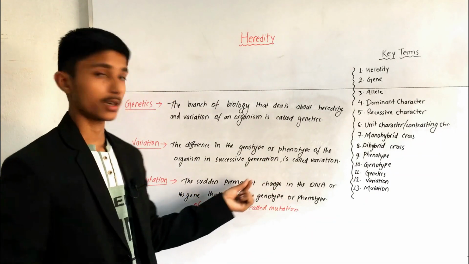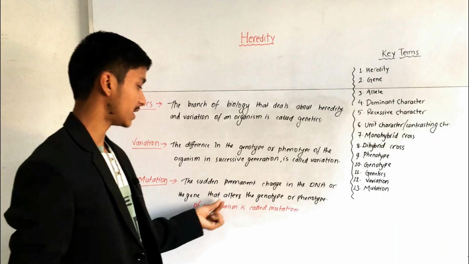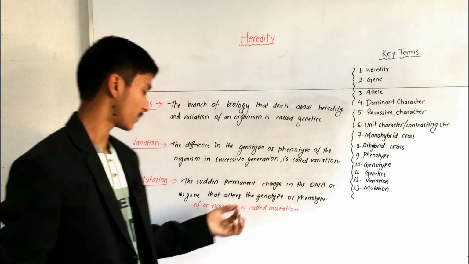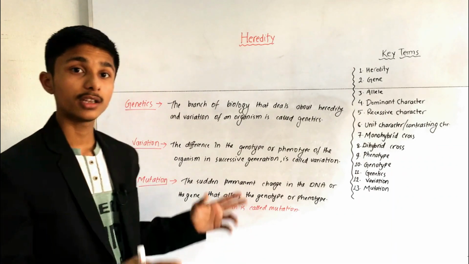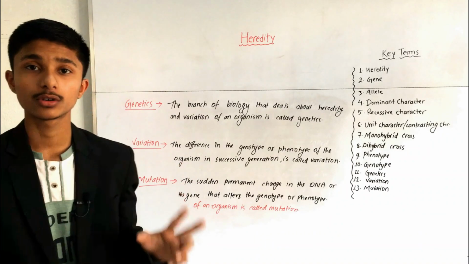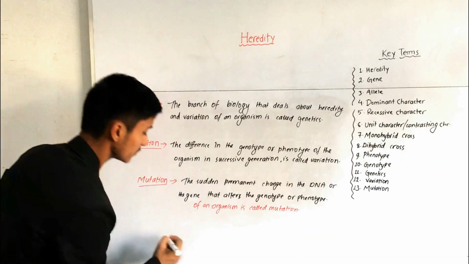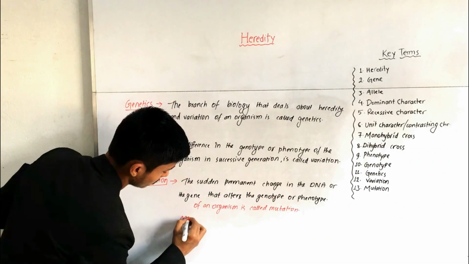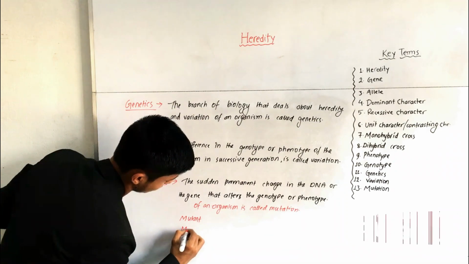It is the sudden permanent change in the DNA or the gene that alters the genotype or phenotype of an organism. It's called mutation. And there are two terms under mutation, that is mutant and mutagen.